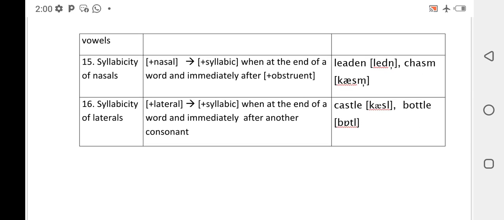We have syllabicity of nasals. Nasal sounds become syllabic. When you talk of syllabic, it is that component which a syllable must have for it to be a syllable.